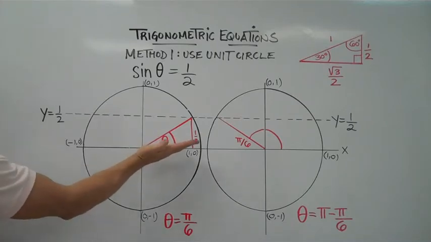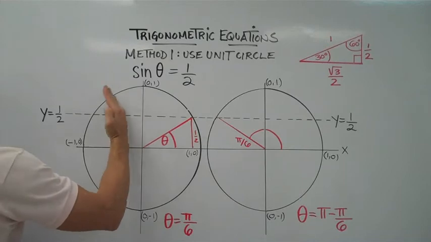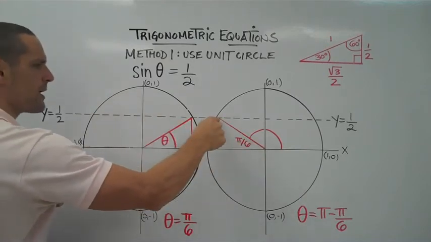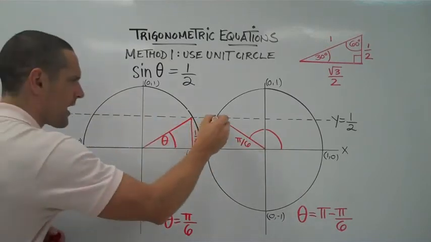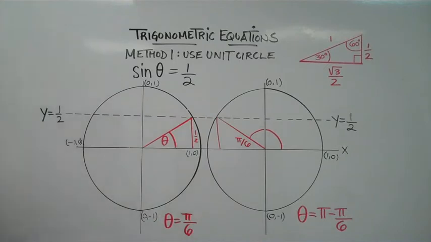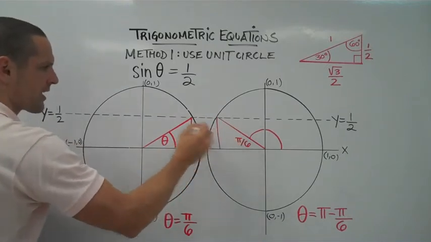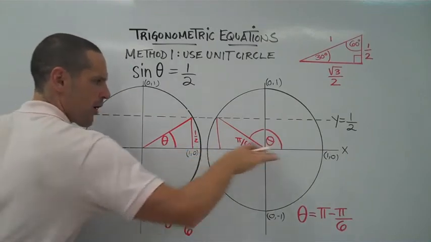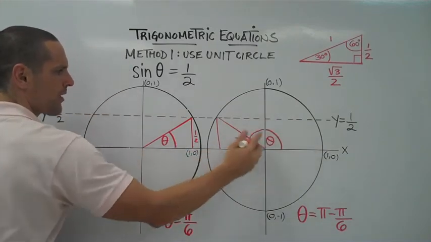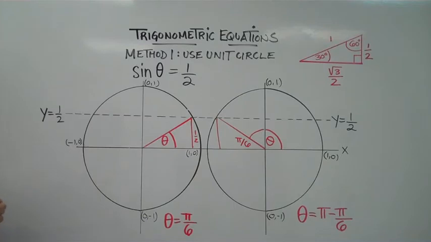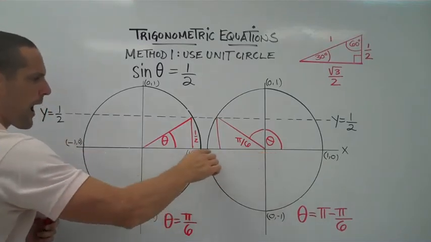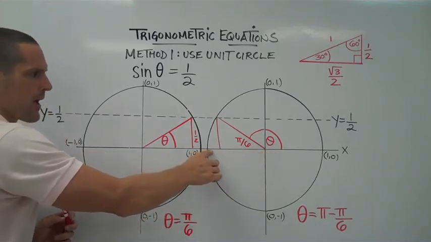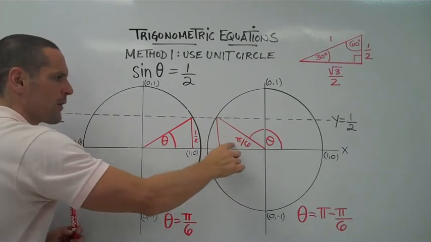Well, if I keep on expanding my theta out, again, right here is where I'm going to meet this line again. Here, again, my sine is equal to 1/2. Opposite this angle is equal to 1/2. But here is my theta. From this horizontal line, I'm opening up the angle, and that is my theta. What is that theta equal to? It's equal to pi, which is 180 degrees, minus this angle here, which is pi over 6.